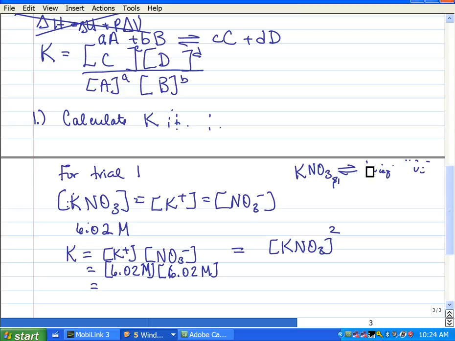So it's just solid potassium nitrate, with the potassium ion increase and the nitrate ion increase.